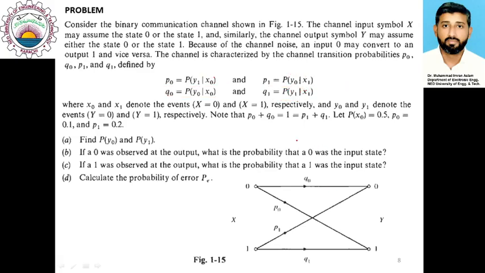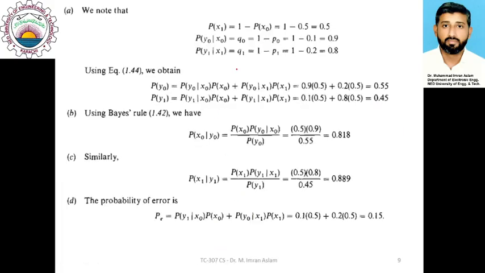So these probabilities are given in the problem: P0 is 0.1, P1 is 0.2, the probability of x0 is 0.5, meaning the probability of transmitting 0 is 0.5. We know that the sum of probabilities in each case should come up as 1. So if the probability of transmission of 0 is 0.5, of course the probability of transmission of 1 would also be 0.5.